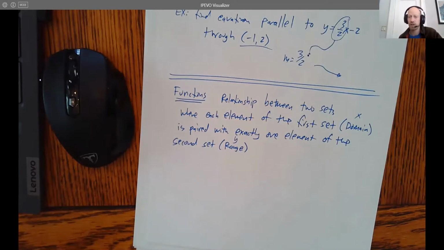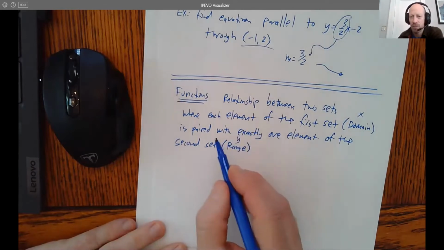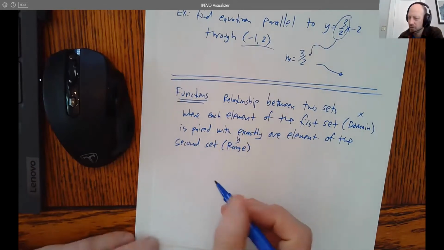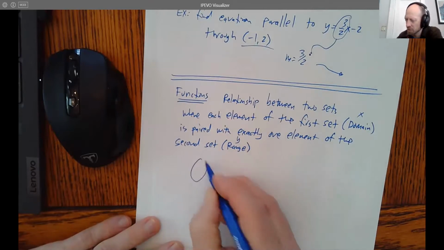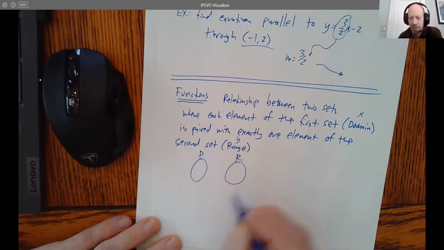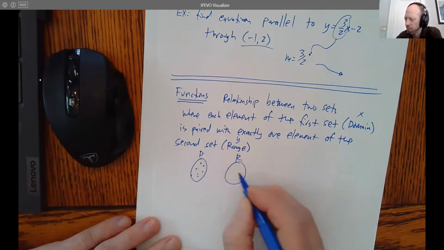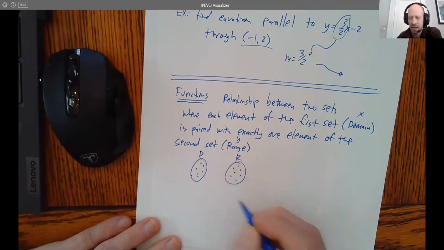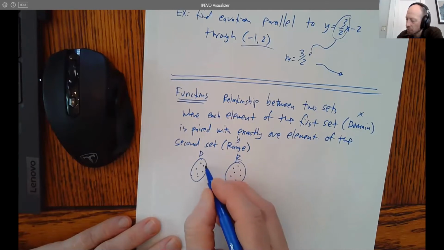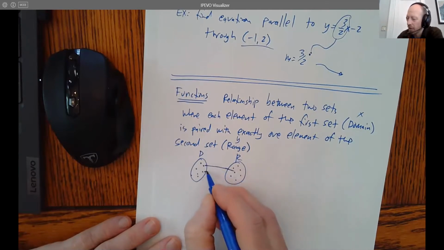But in order to be a function, each element of the first set can only be paired with one element of the second set. If we call this the domain and this the range, we have a bunch of things in the domain and a bunch of things in the range. Each element of the domain can only go to one element of the range.